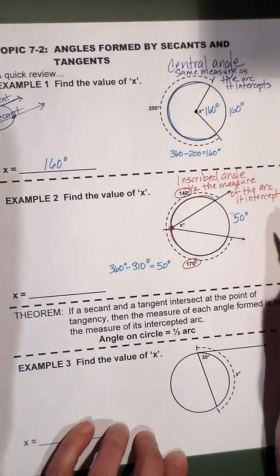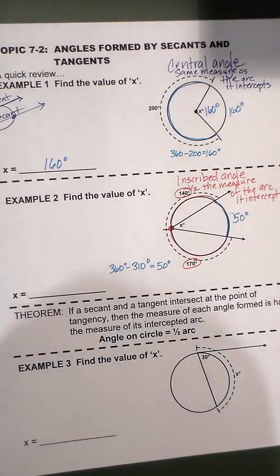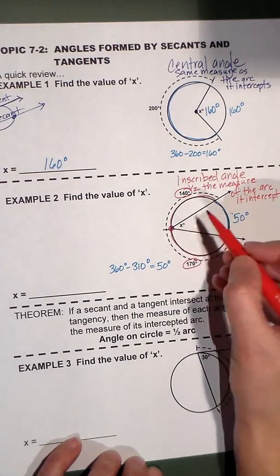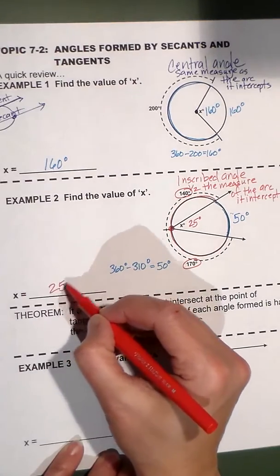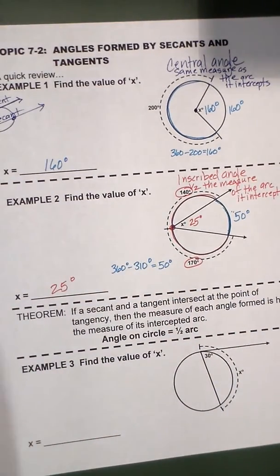Now, the inscribed angle is 1/2 of the intercepted arc. So since the intercepted arc is 50 and this is inscribed, the inscribed angle is 25 degrees. So we're just reviewing what we've done the past couple of days.